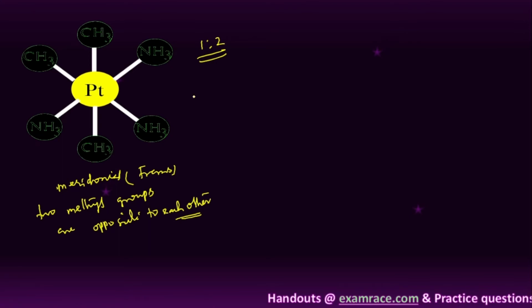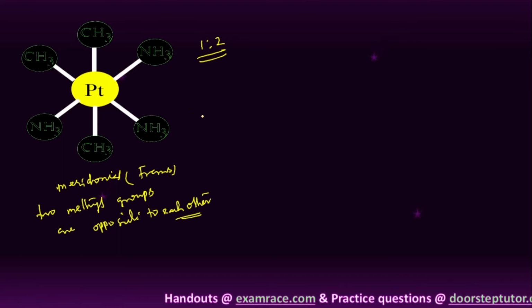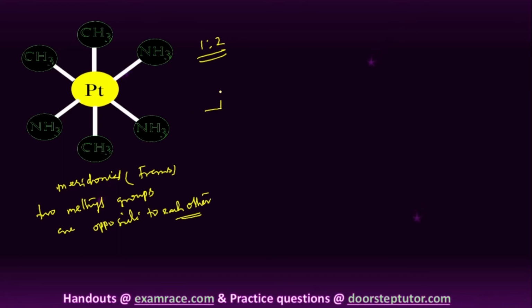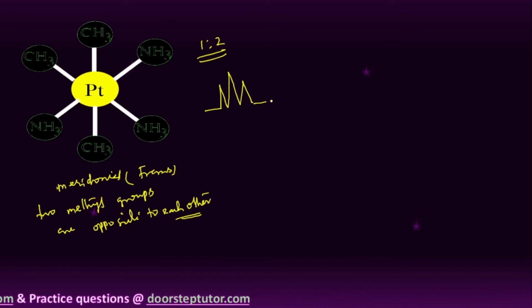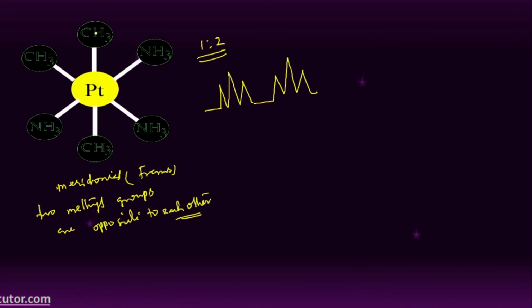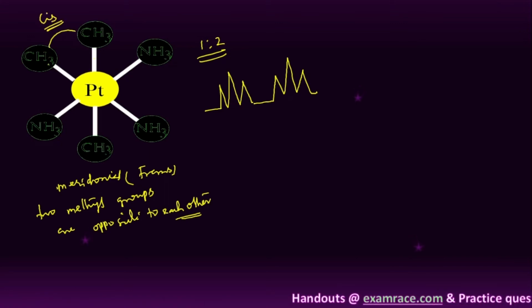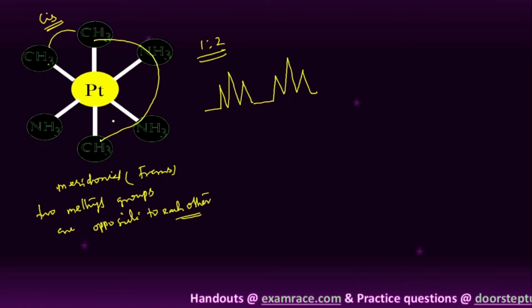Okay, right. Here you can see, student, it splits into two triplets, each with 1:4:1 intensity ratio. So here we have two types: these two methyls are cis, and these two methyls are trans to each other.